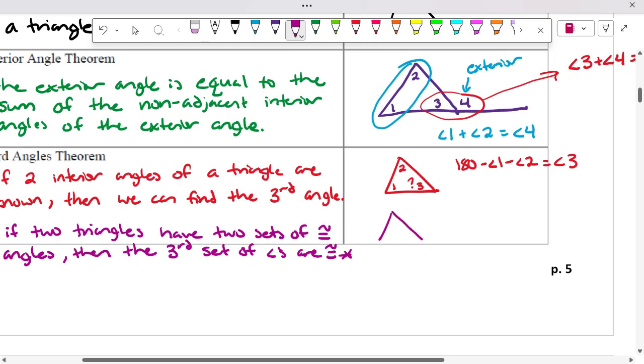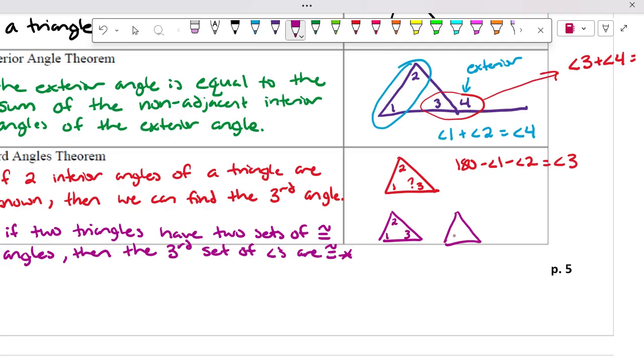Now, let's say that I had two different triangles. Let's call this 1, 2, 3, 4, 5, 6. Now, let's say angle 1 and angle 4 are congruent, and we knew that, and angle 2 and 5 are congruent.